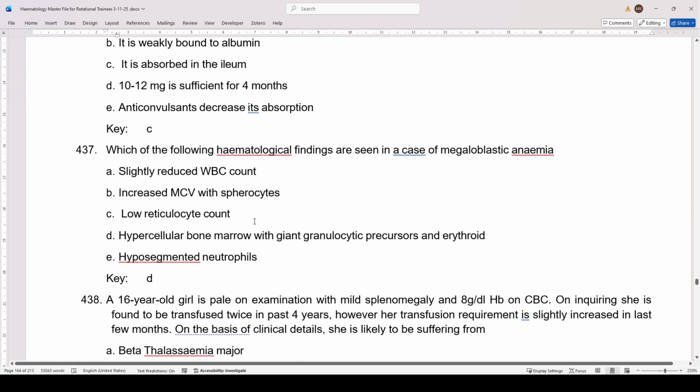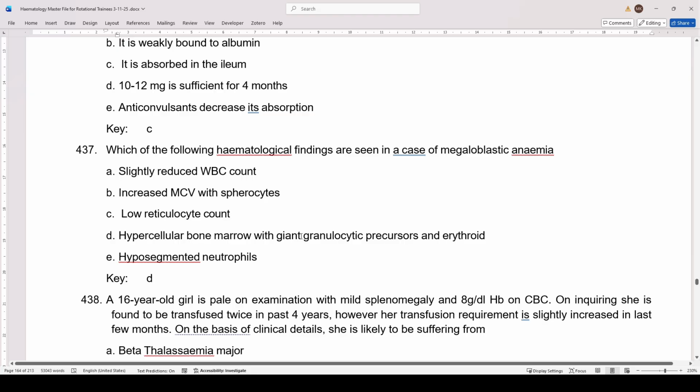Which of the following hematological findings are seen in case of megaloblastic anemia? In megaloblastic anemia, we see a slightly reduced WBC count, increased MCV with spherocytes. No, we don't see any spherocytes. A low reticulocyte count, hypercellular bone marrow with giant granulocytic precursors and erythroid precursors, and hypersegmented neutrophils.